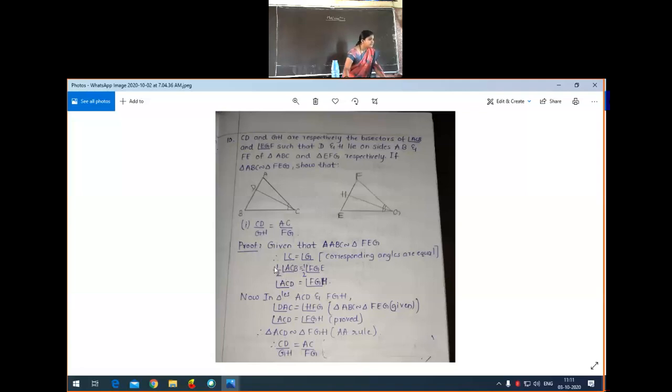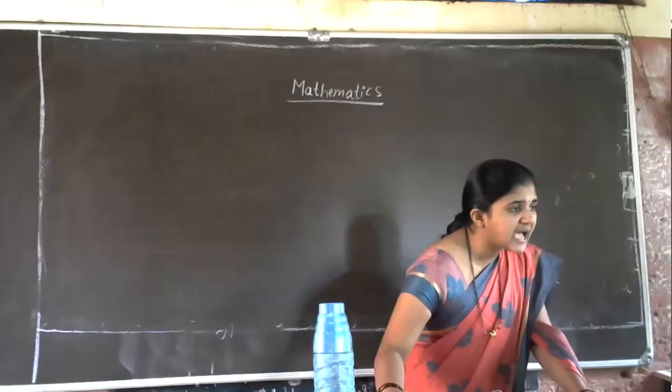That's why half of this angle ACB is equal to half of this angle FGE, because angle C is equal to angle G, so half of this angle is equal to half of this angle. Next, half of ACB is equal to half of FGE. For the proof, I need only this one half part, half of ACB. You just take it as ACD.